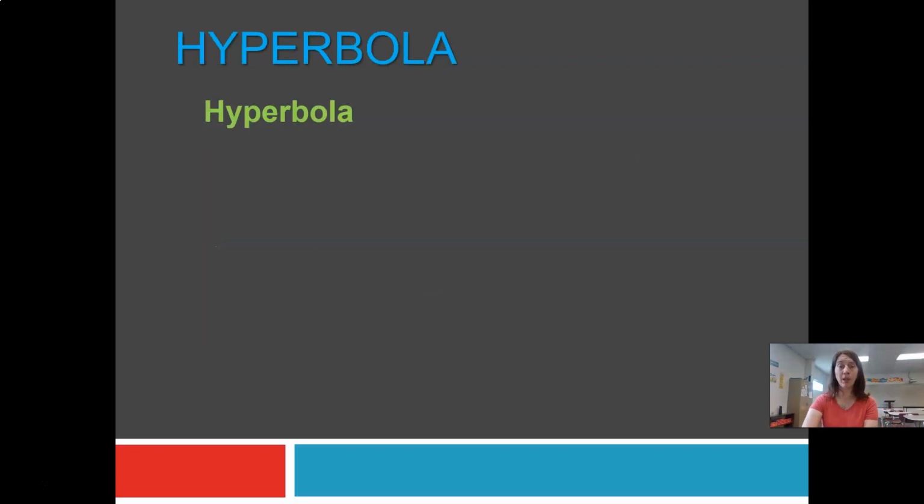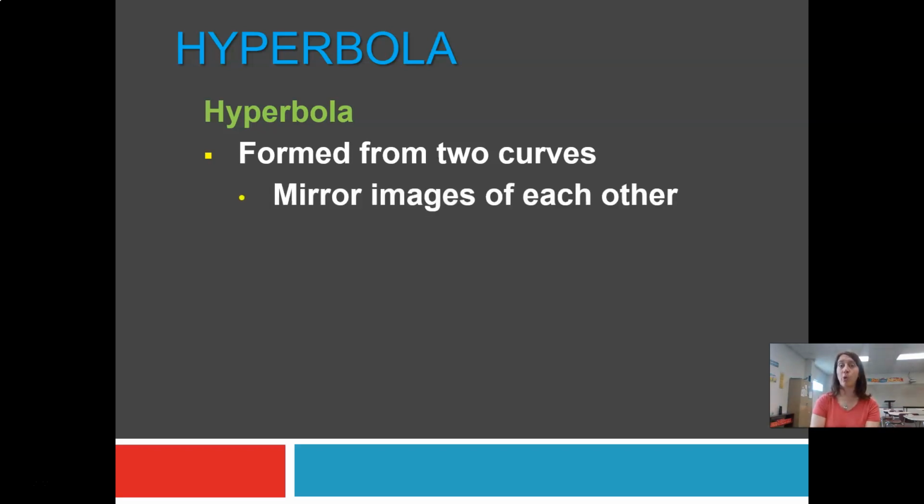Well, let's go ahead and take a look at our new idea for today with this hyperbola. We're going to notice the equations almost look identical. There's just one slight change, and it's going to be that minus sign that we have instead of the plus sign in the middle. That's one of the things that's going to be different. The graph of a hyperbola is going to be formed between two curves, and those two curves are mirror images of each other.